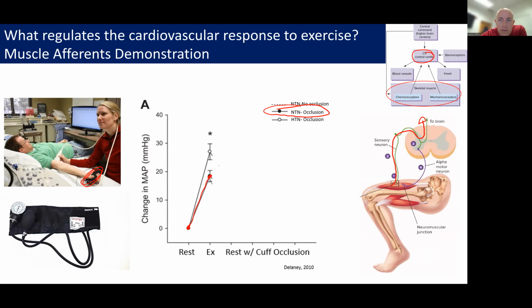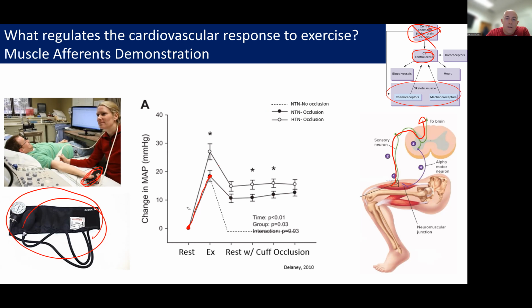And just by trapping the metabolites in, they keep the blood pressure up. And as long as the blood flow is stuck and the metabolites are stuck in there, the blood pressure stays high. This shows that your metabolites signal for that are contributing to the increase in blood pressure with exercise. And if you're terrible at clearing out the metabolites, the blood pressure will stay elevated.